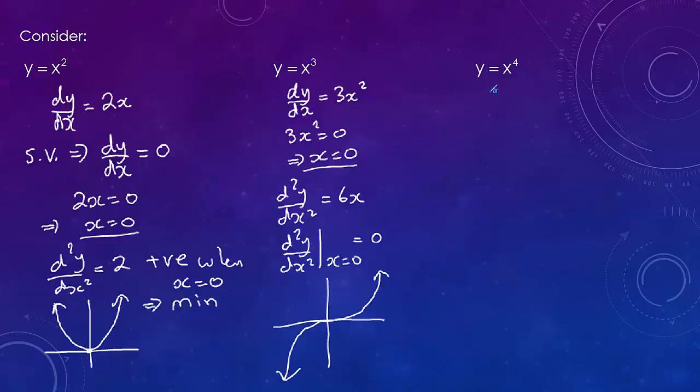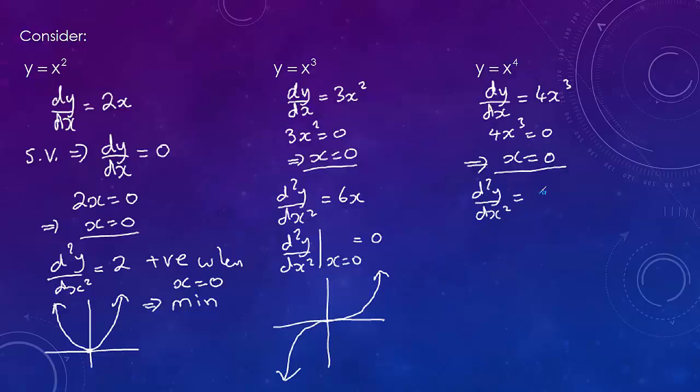But if we consider y equals x to the 4, dy dx is equal to 4x cubed. Put 4x cubed equal to 0, and the only solution is x equals 0. If we do the second derivative there, that gives us 12x squared.